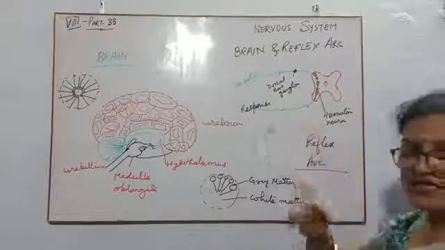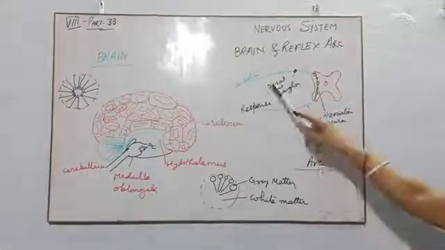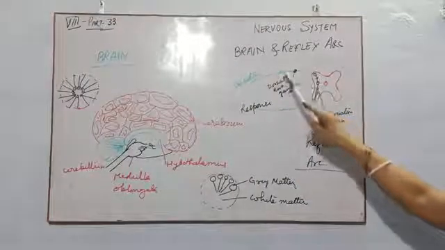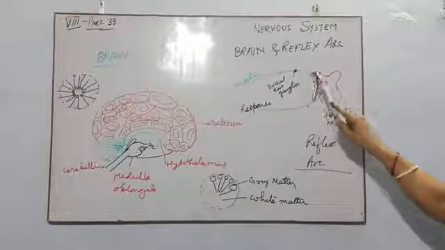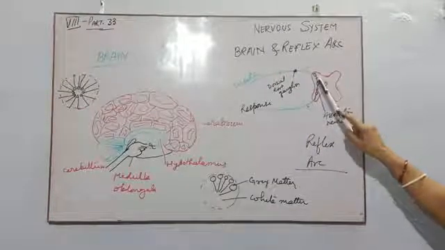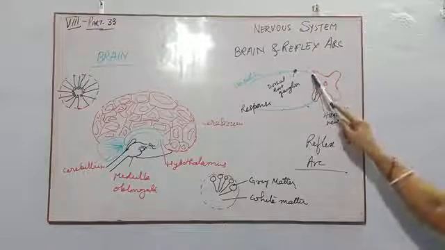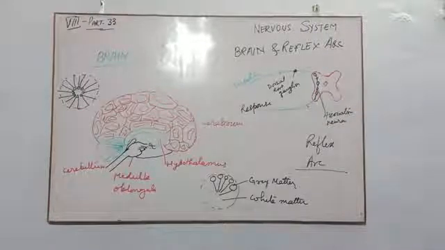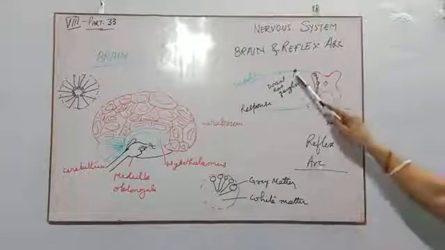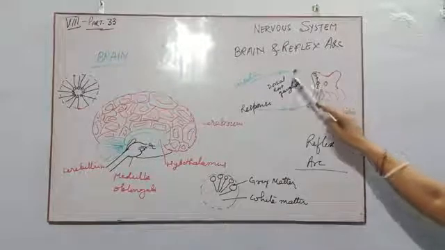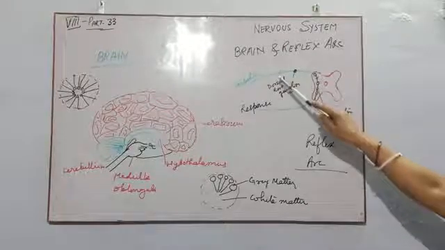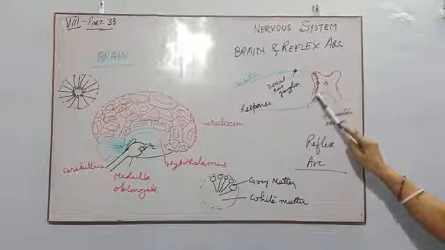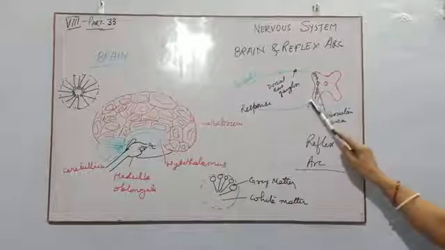there is a sensation, that means any type of sensation you got, it is the route or way, then it will go to the spinal cord. In the spinal cord there will be some association nerves which will listen to the message and think about it, and then they will pass some order through the motor nerve.